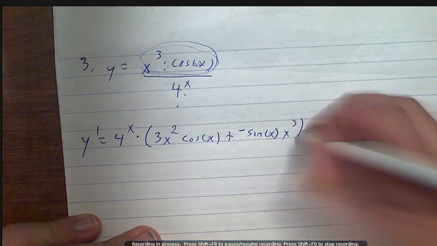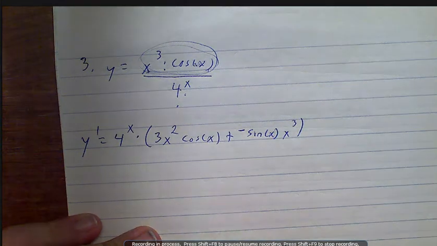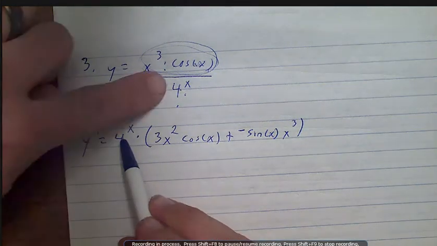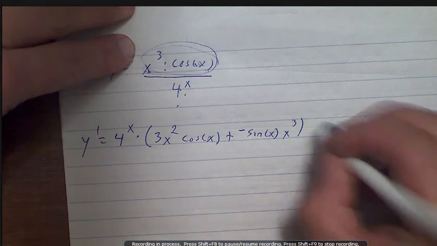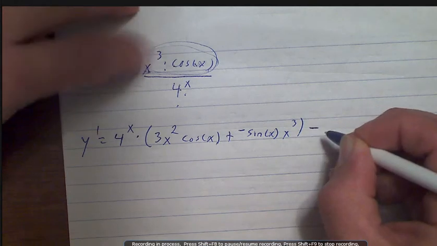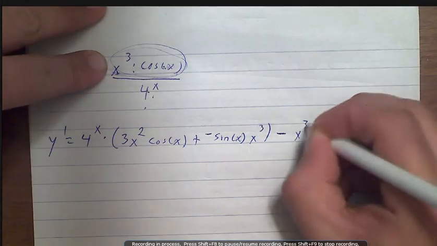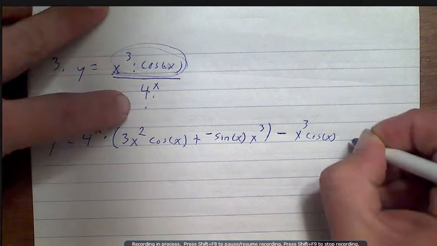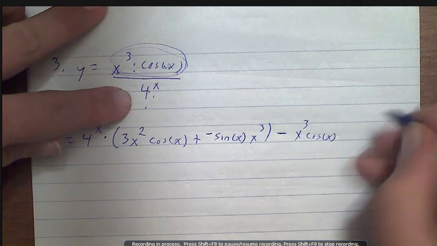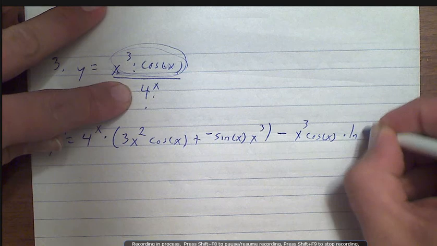So that's just low d high minus high d low. And the derivative of 4 to the x is natural log of 4 times 4 to the x.